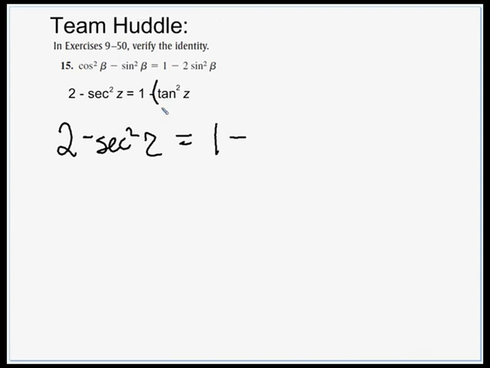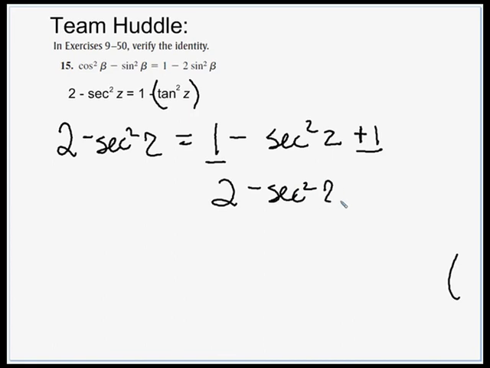So we're going to replace this with secant squared of z minus 1. Distribute the negative, this will be a negative secant squared, and that will become a positive 1. Now I can eliminate my parentheses. So we have a 1 plus 1 is 2 minus secant squared z, just like we have on the left.